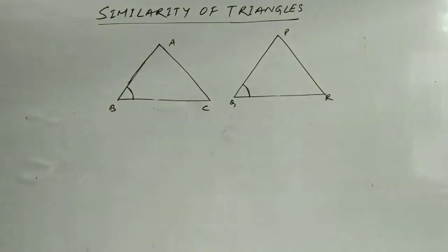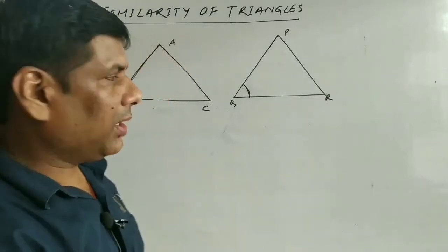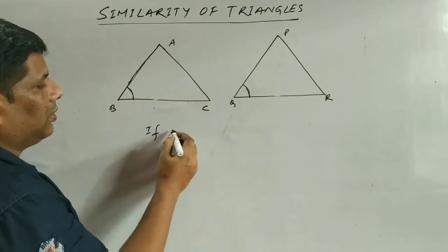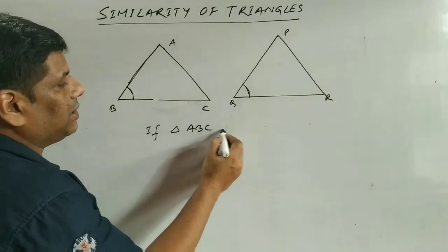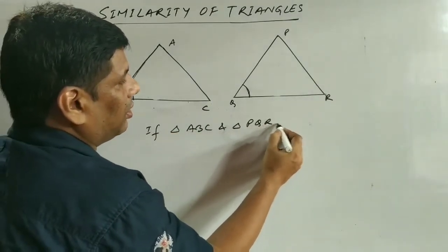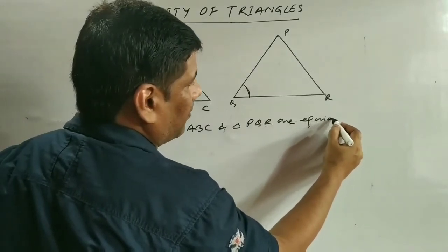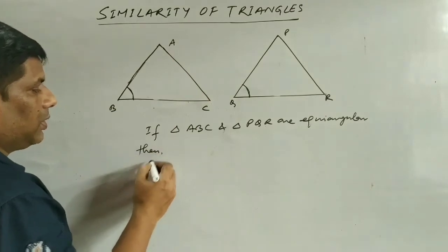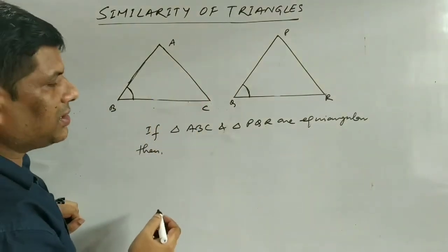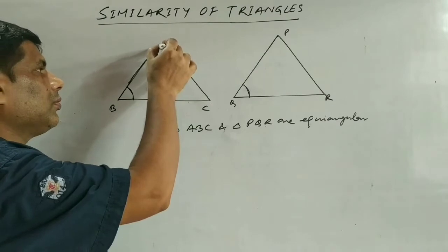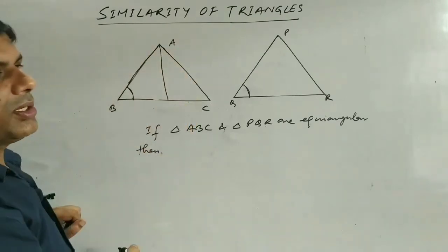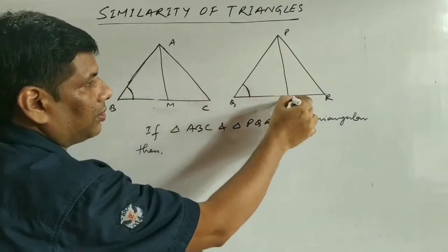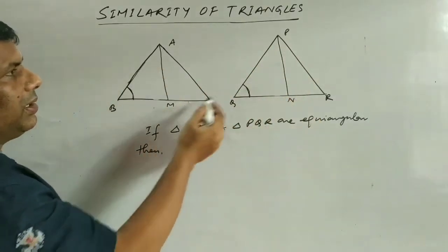Again let us see, if two triangles are equiangular. Here in this case, if triangles ABC and PQR are equiangular, then the ratio of sides will be equal to the ratio of the medians on that side. This is the median. AM and PN are the medians.